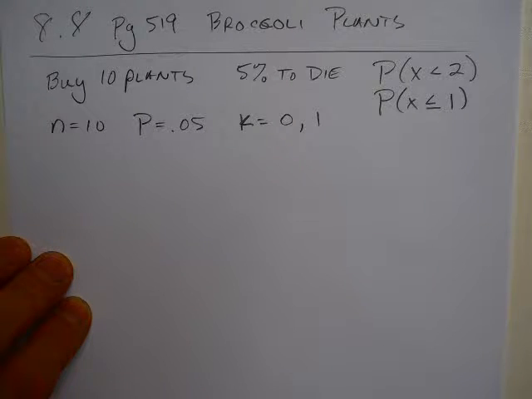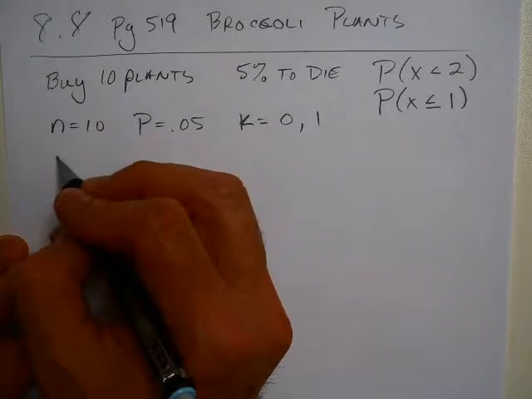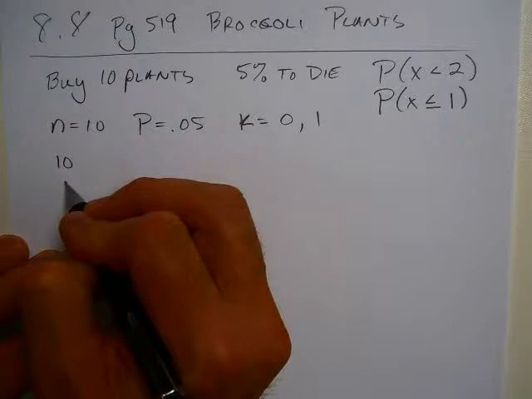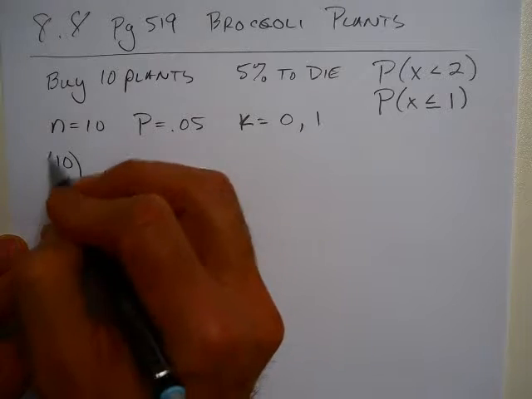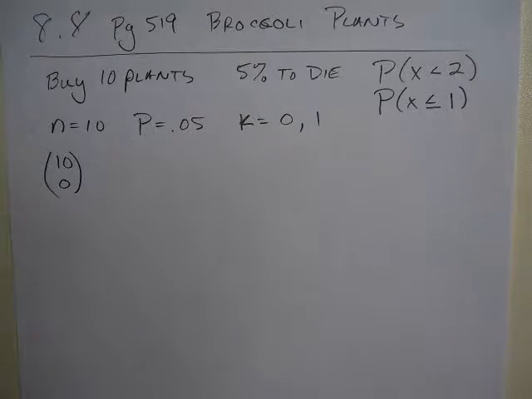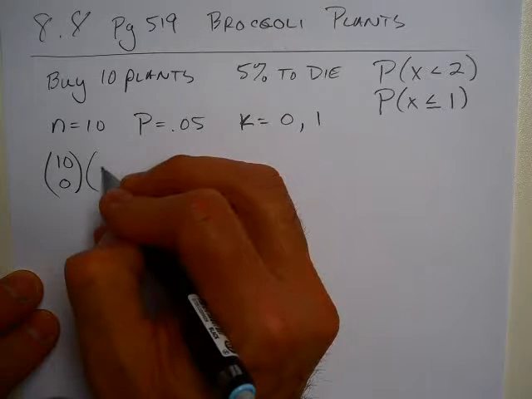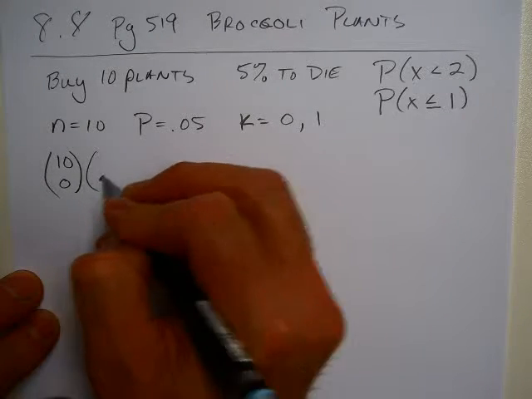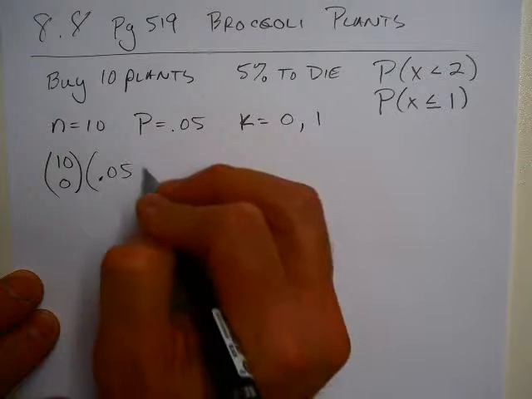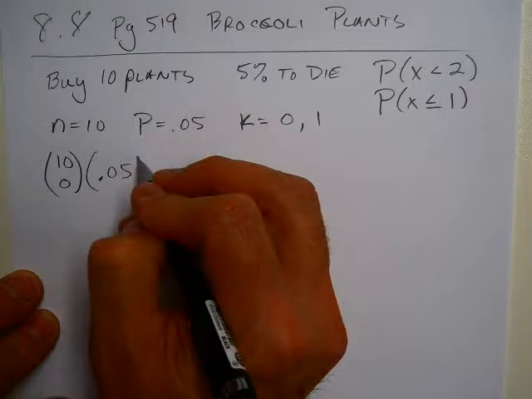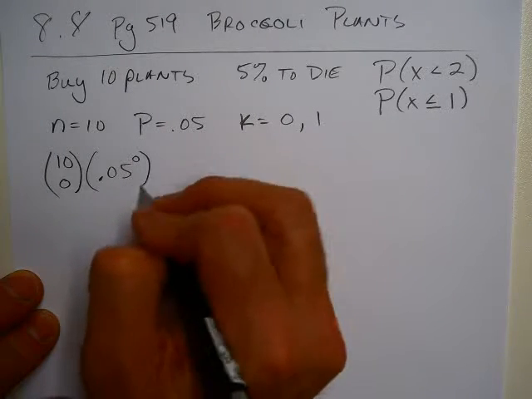So it's going to have a similar setup to the last problem, the example that we did, where n is 10. The first coefficient is going to be that 0 of the plants die, times the probability that a plant dies, to the k power, which in this case is 0.